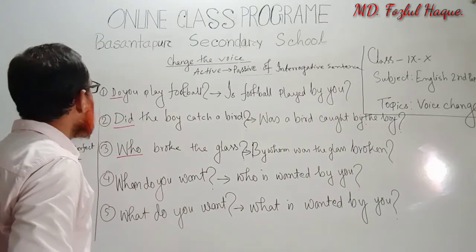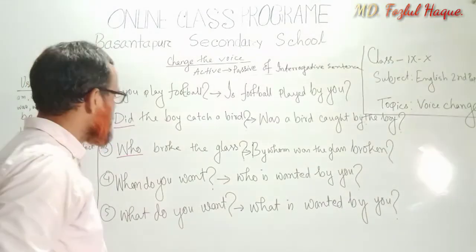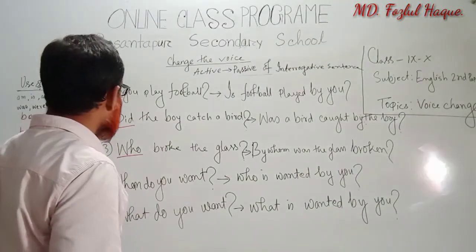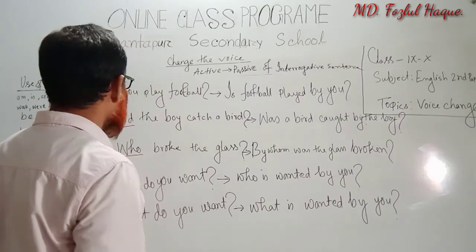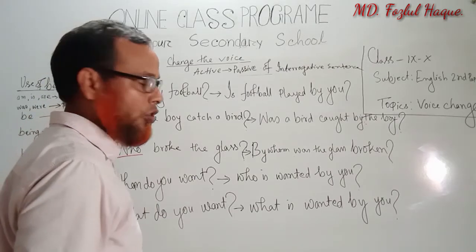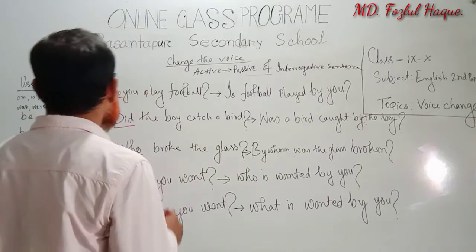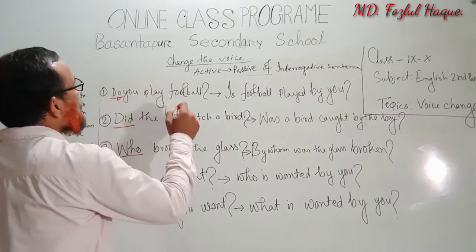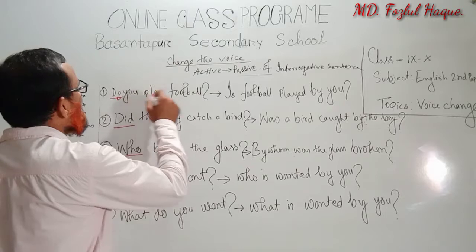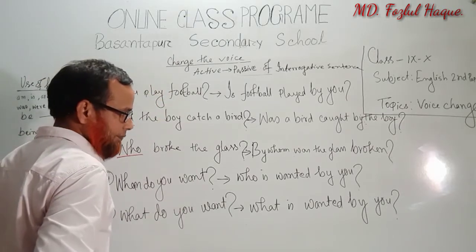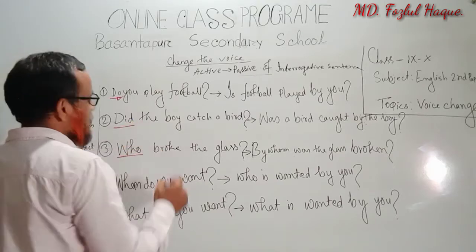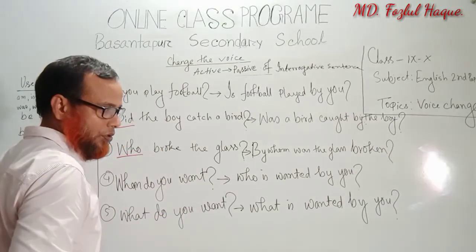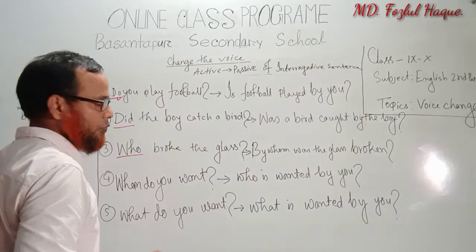First I want to show you how to solve questions with an auxiliary verb. Do is used to make a present indefinite tense question, and did means a past indefinite tense question form.